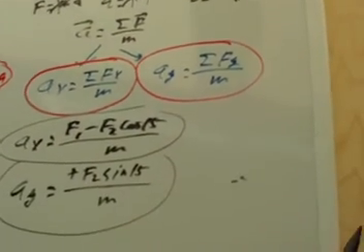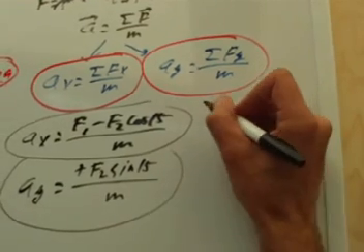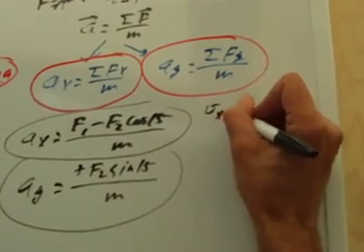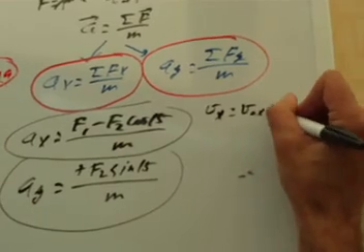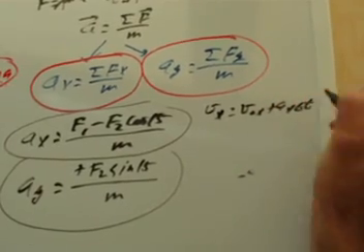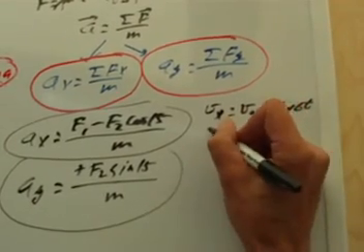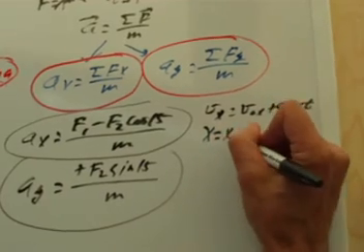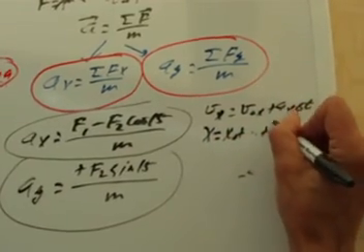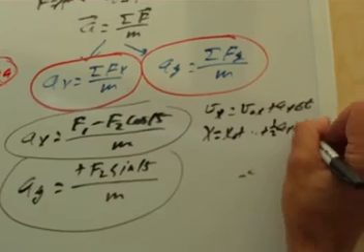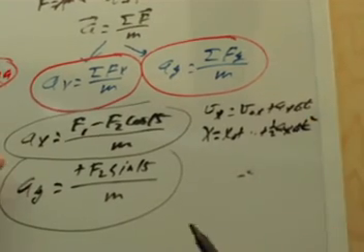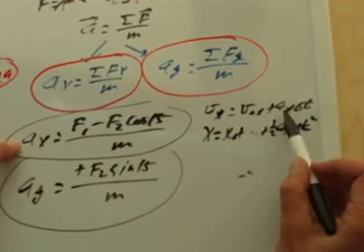So if we want to make some predictions about this object's motion, we could say something like the new x speed is going to be v naught x plus a sub x delta t, the equation we've been using. We can make predictions about its position. Remember, x equals x naught plus v naught x delta t, and remember, there's a 1/2 a sub x delta t squared term sitting in there. This x acceleration that we got is that a sub x.